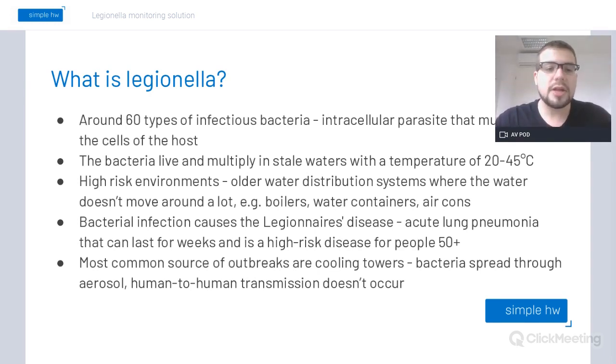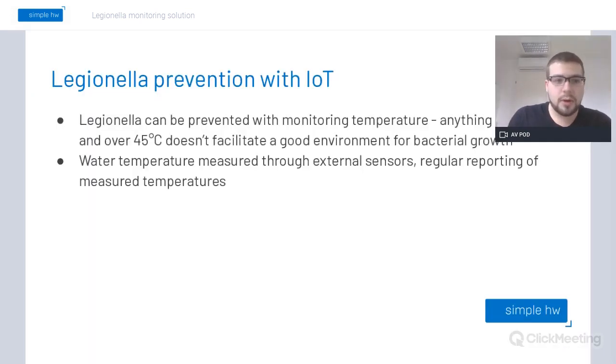Just a quick point: Legionnaires' disease is not the only manifestation of the bacterial infection. You can also contract a flu-like disease that's not as serious as Legionnaires' disease. When it comes to prevention of the bacteria, there's one thing you can do, and that is making sure that your water systems are outside of the ideal range of temperature for bacteria growth.